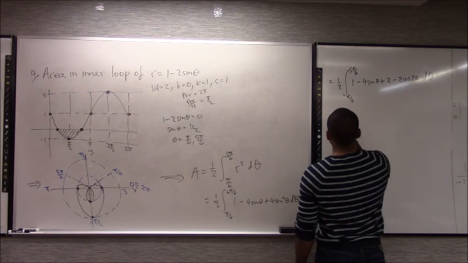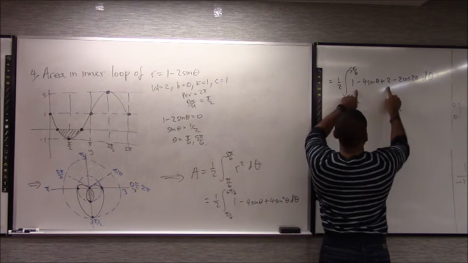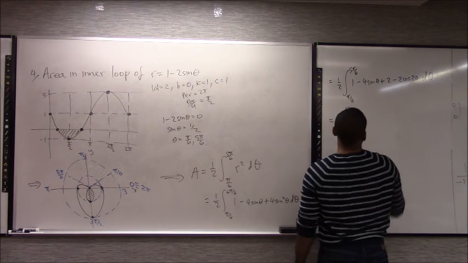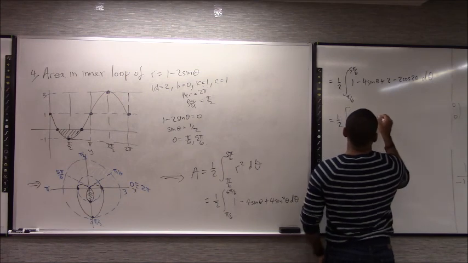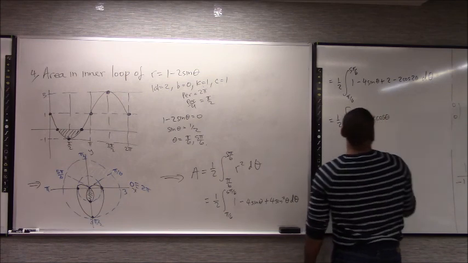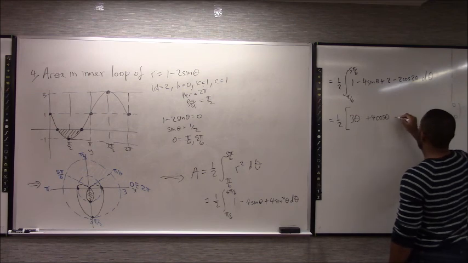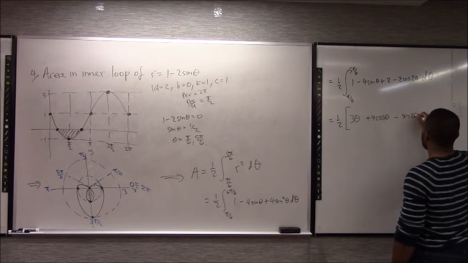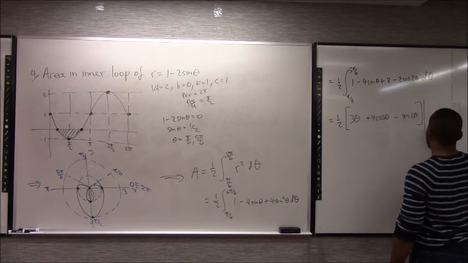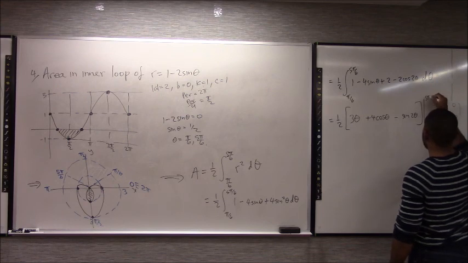So this is going to be 1/2 times the 2 plus the 1 is going to be 3, so that's going to integrate to 3 theta. This will integrate to positive 4 cosine. This will integrate to minus sine 2 theta. And I'm going to plug in pi over 6 and 5 pi over 6.